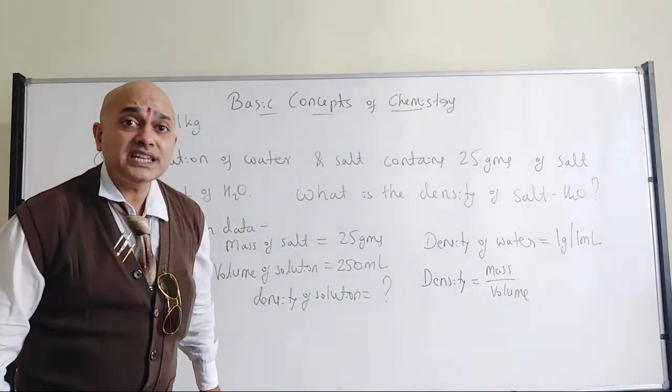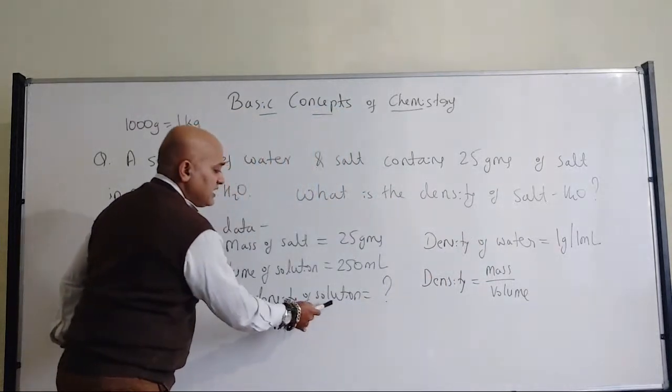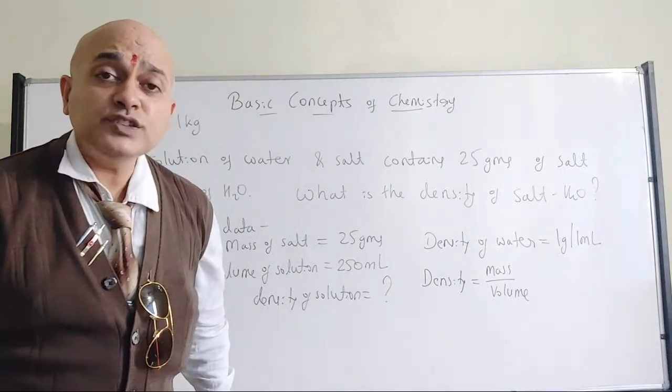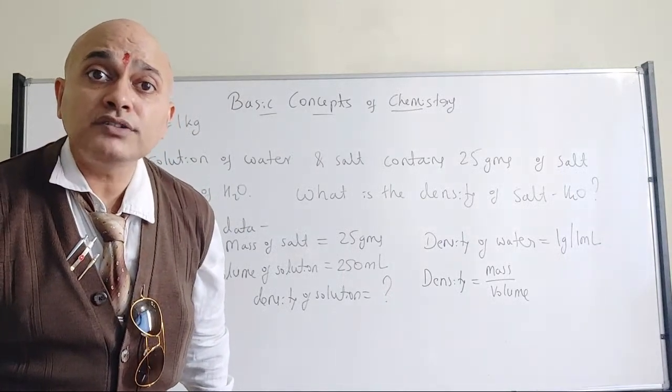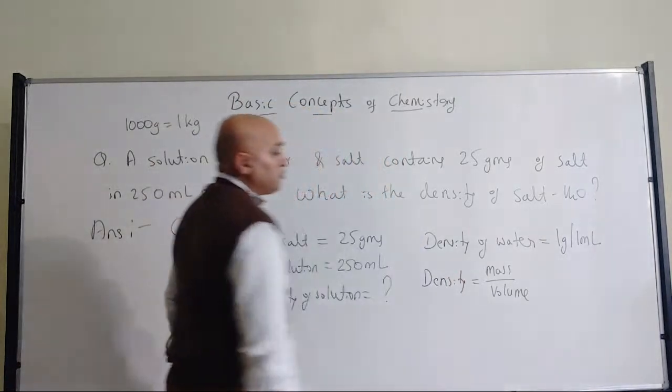Now whose density we have to find out? We have to find out the density of the solution, salt water solution. That means we should know the mass of salt water.